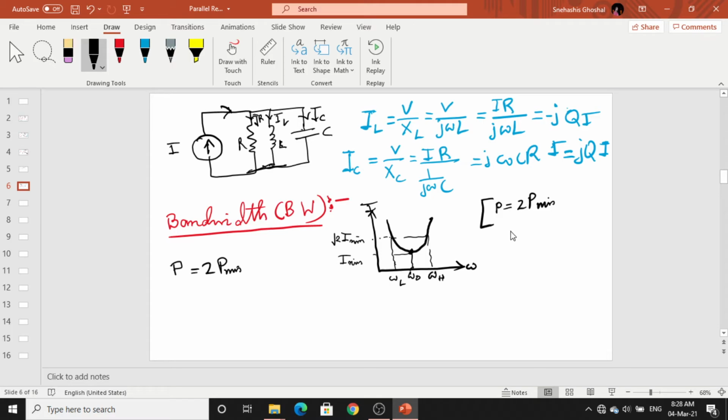In other words, I squared R. Okay, let it be P. P equal to 2 into I minimum whole square into R. So it will be root 2. So that's why this is the point.